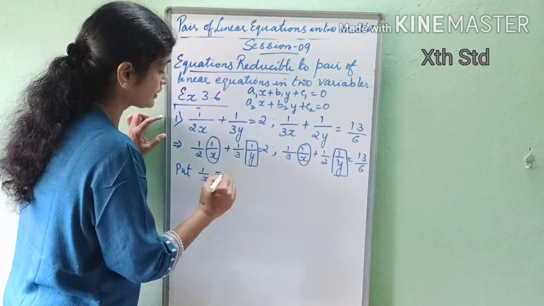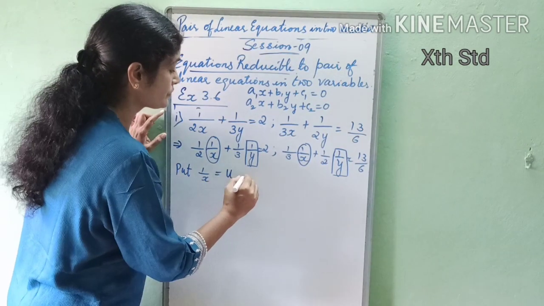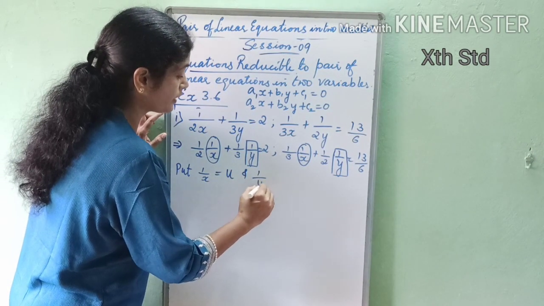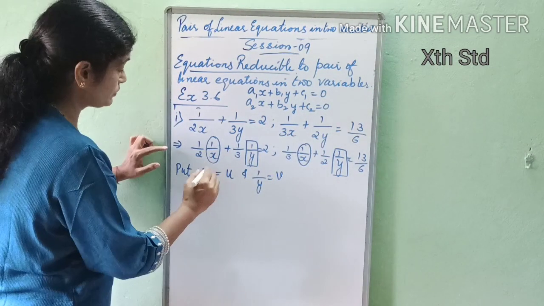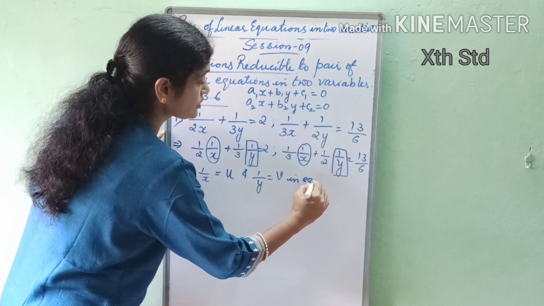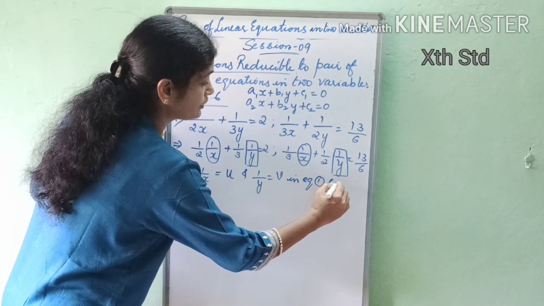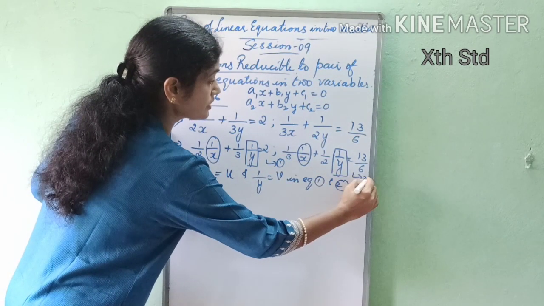So we will put 1 by x as u and 1 by y as v. Then when we put that in equation 1 and equation 2, say this is our equation 1 and this is our equation 2.